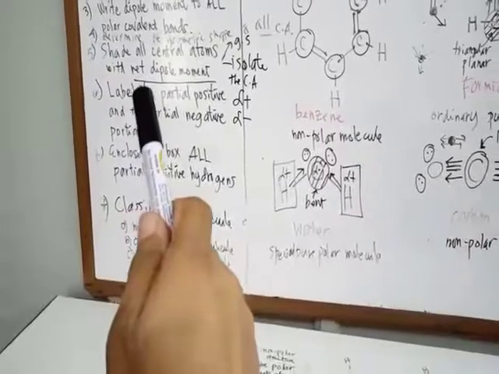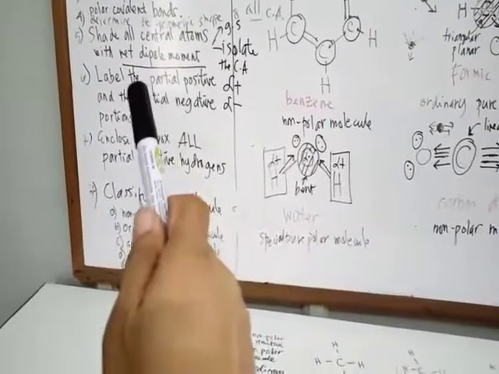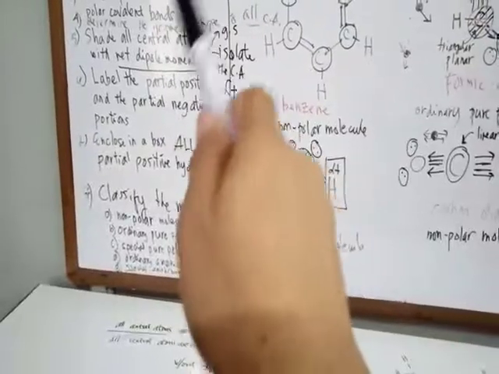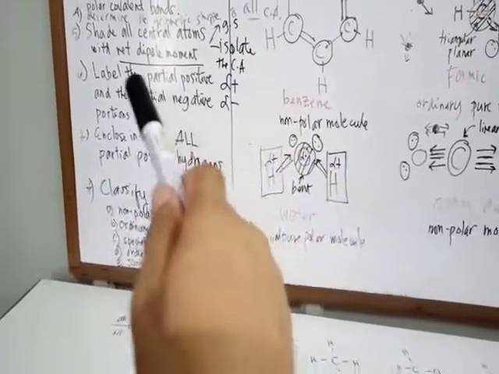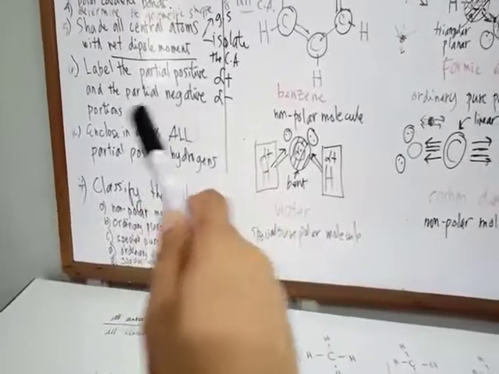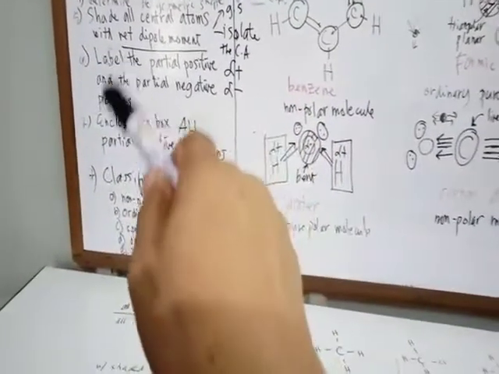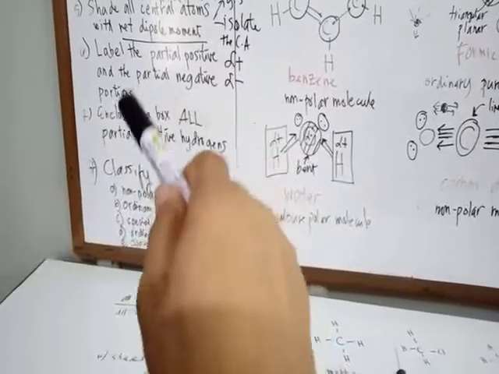Then number 6, you label. If a central atom is shaded, the next step would be to label the partial positive and the partial negative. But if the central atom is not shaded, then don't do the labeling.